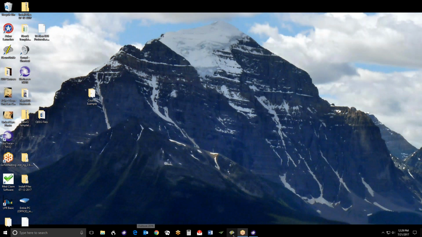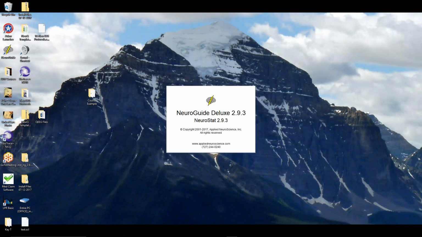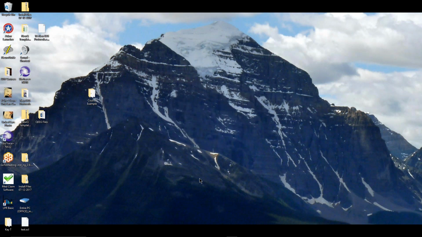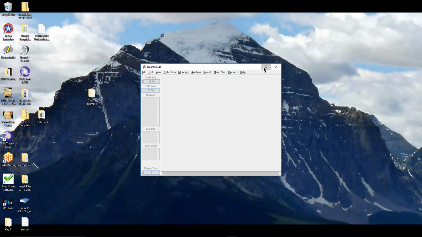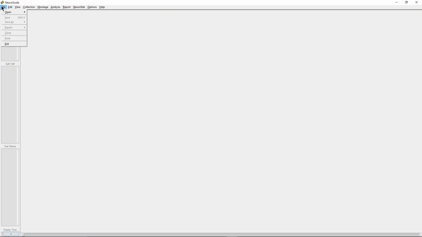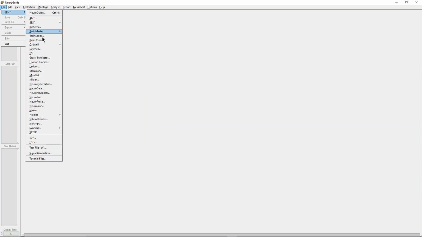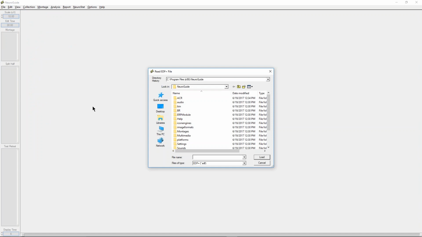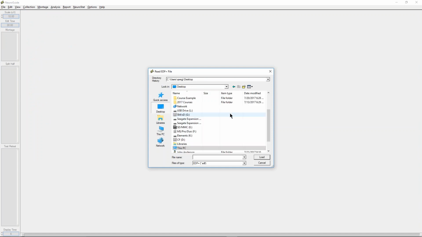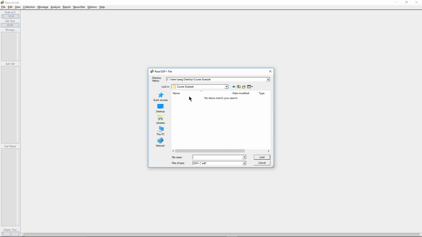So I'm going to go to NeuroGuide and open up NeuroGuide. And from there, I'm going to open and go to EDF Plus again. So I'm importing from EDF Plus. And I've got an EDF Plus file. Oops.